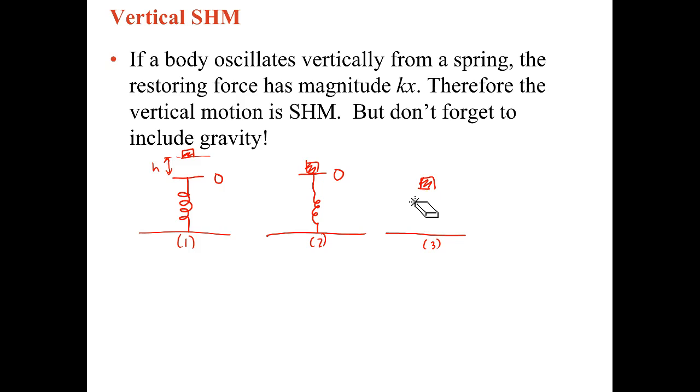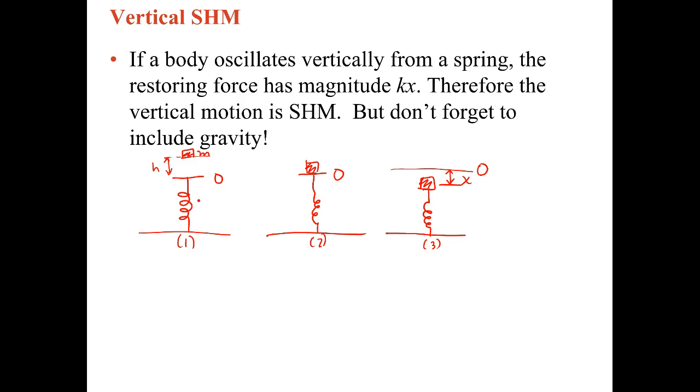And maybe I'll draw my spring going the same way to be consistent. But that's compressed now. The 0 point is right here, and it has compressed a distance x below the 0 point. So then the question is, how far is x compared to h and everything else?